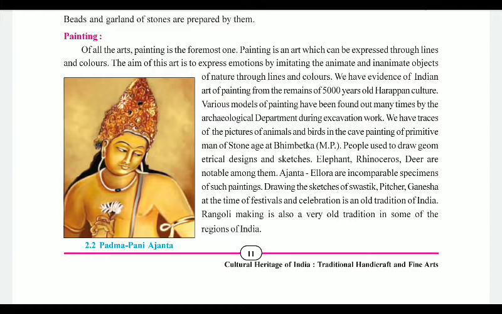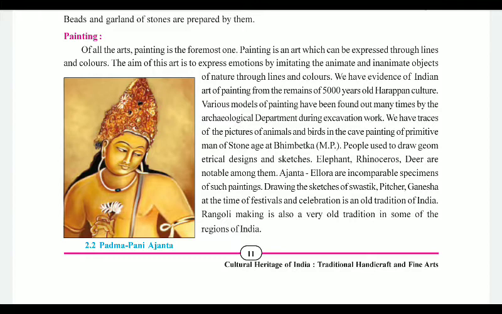We have traces of pictures of animals and birds in the cave paintings of primitive men of the Stone Age at Bhimbetka in Madhya Pradesh. People used to draw geometrical designs and sketches of elephant, rhinoceros, deer, and notable among them, Ajanta and Ellora are incomparable specimens of such paintings.